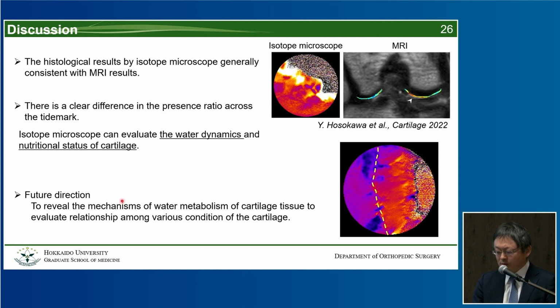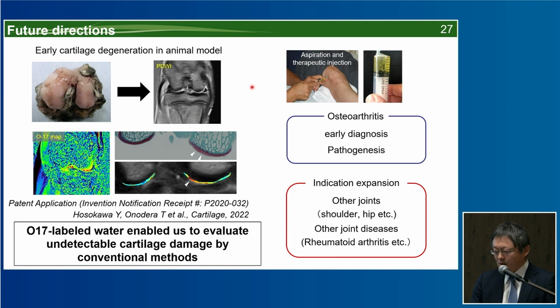The future direction of this project is to reveal the water mechanisms of the cartilage tissue to evaluate the relationship among various conditions of the cartilage. We are able to observe a signal change in the tiny damaged cartilage in MRI.